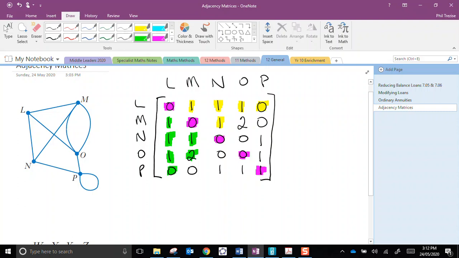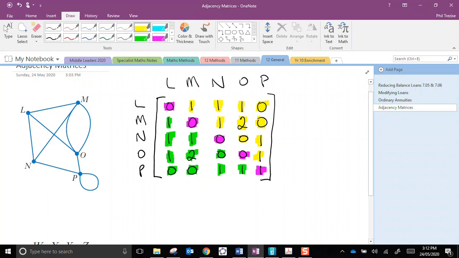It's like a mirror. The diagonal is like a mirror, and we should find that it is symmetrical. Every entry in the lower triangle has a corresponding entry in the upper triangle. There they are. So imagining the diagonal there as a mirror, each entry reflects.